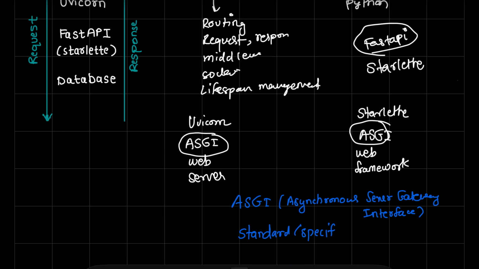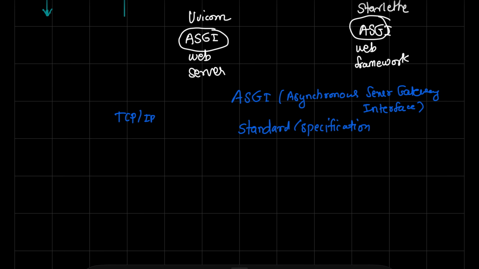You might read these words in many documentations of FastAPI architecture, but it's just a standard. But what exactly is meant by a standard? You might have heard of the TCP/IP protocol, right? If there is device 1 and device 2 and these two devices want to communicate, they both follow some standard. They both accept that they will follow these rules during the communication.